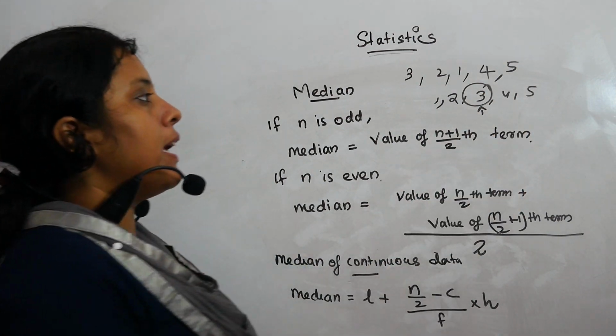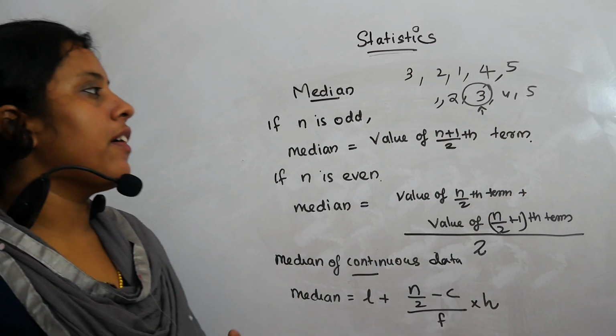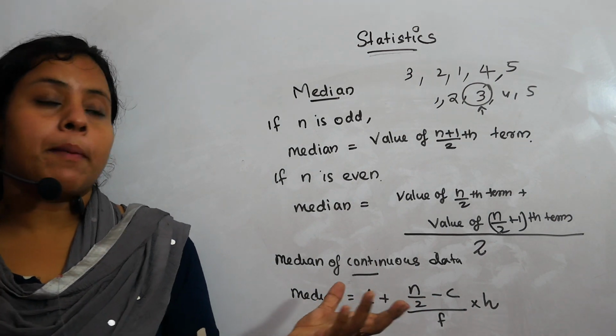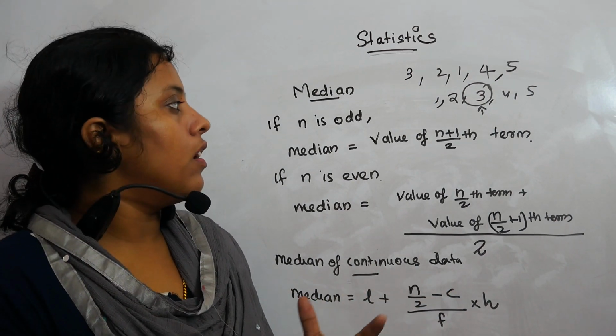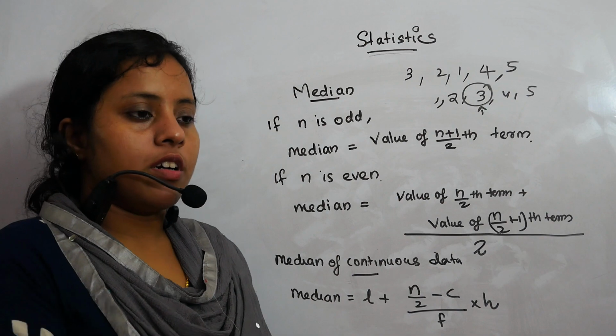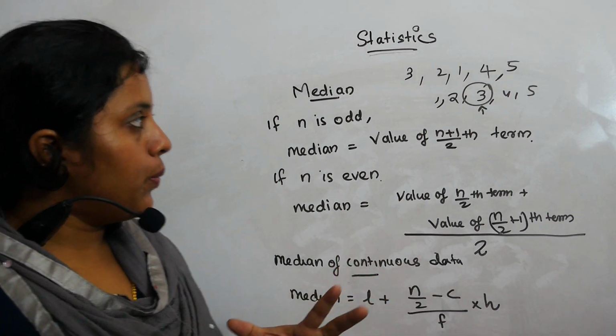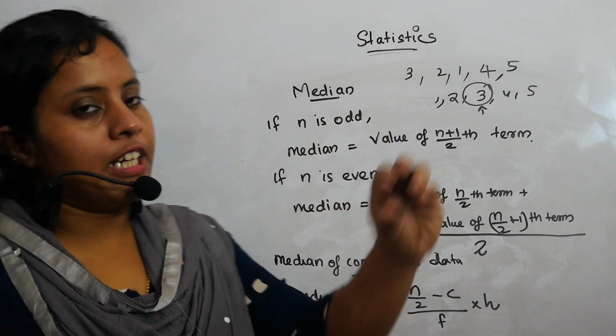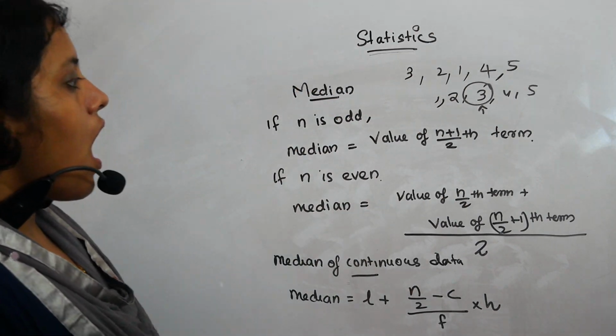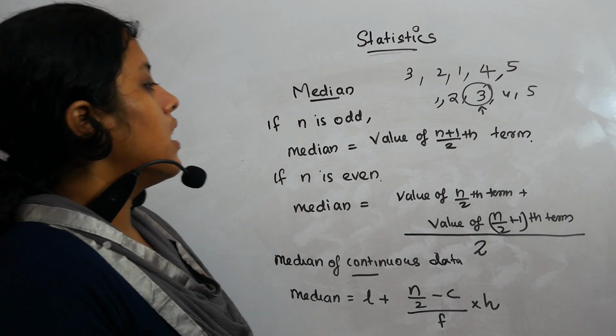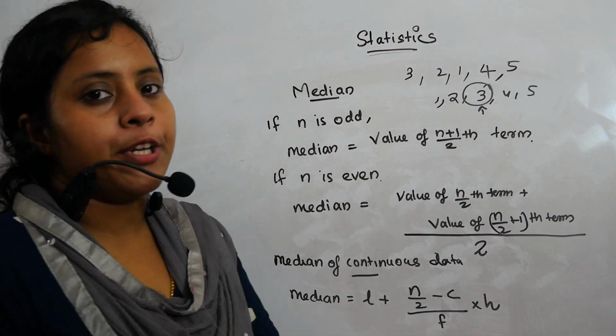This will be the median. So if we are given a large number of observations, we'll write them in ascending order. After that we'll choose the middle value.